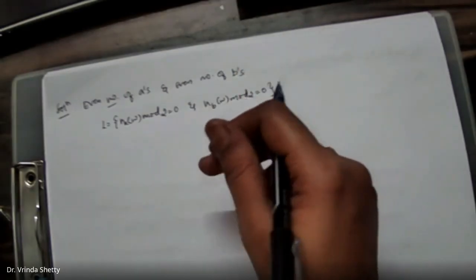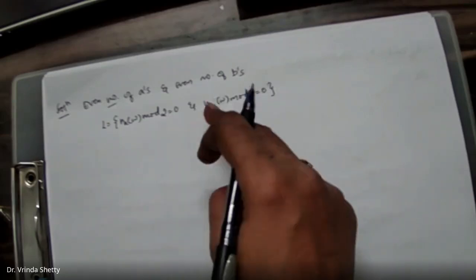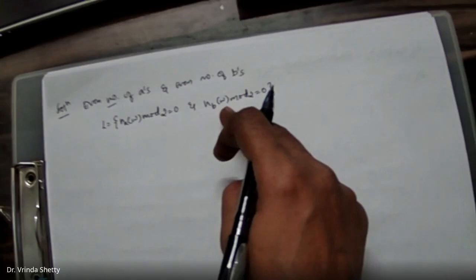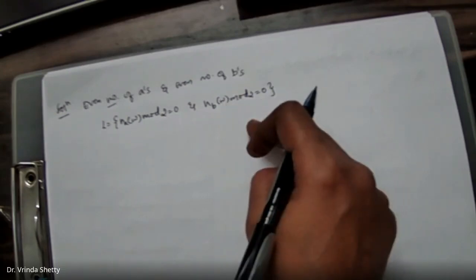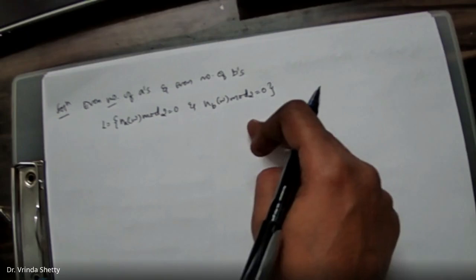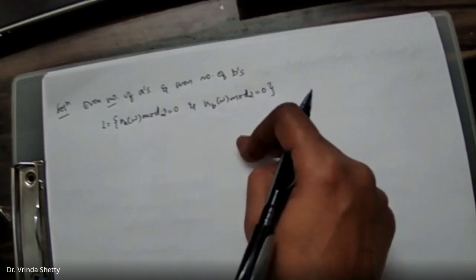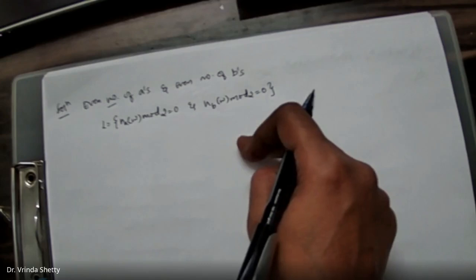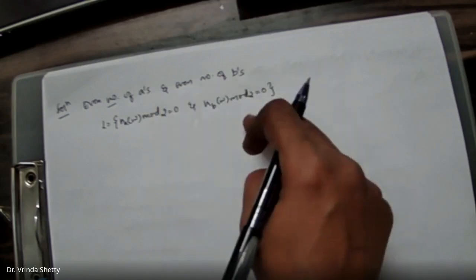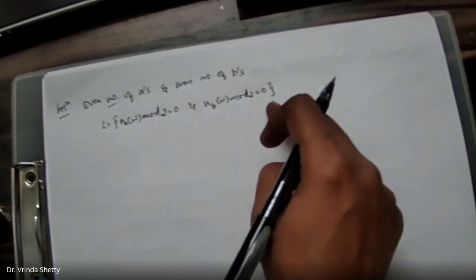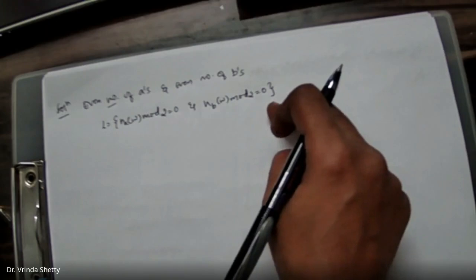In the above language we have both the number of A's in string w and the number of B's in string w mod 2 equal to 0. So first we'll try to construct two different machines, which I'll call machine 1 and machine 2, one for the number of A's in string w mod 2 = 0 and another for the number of B's in string w mod 2 = 0.